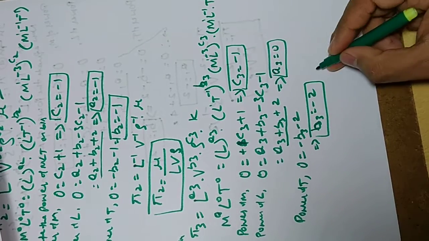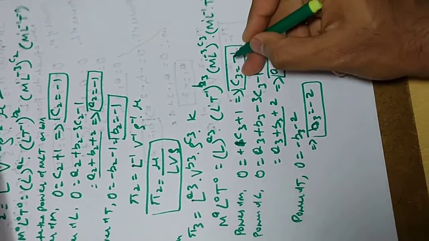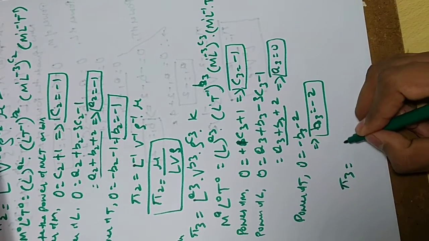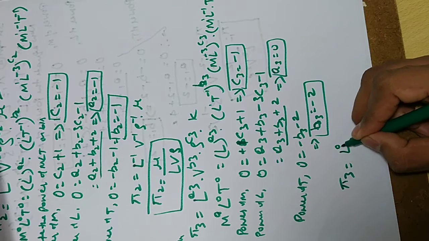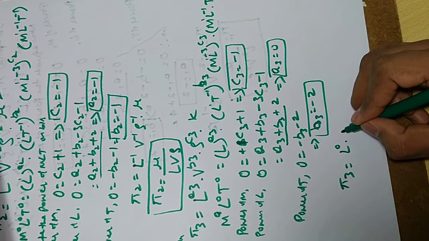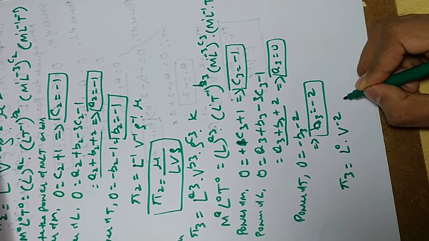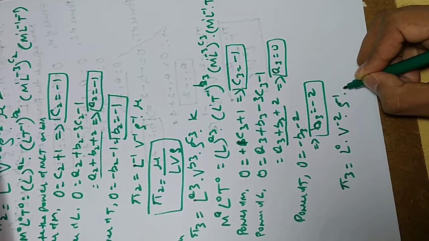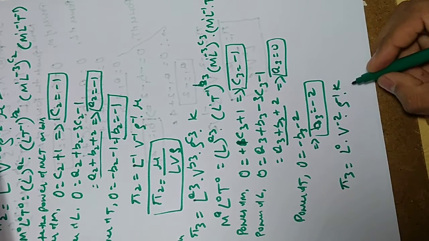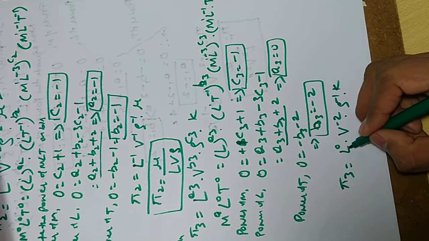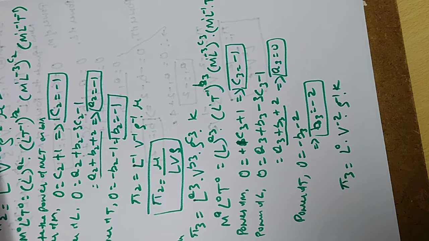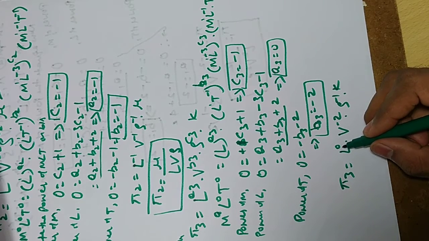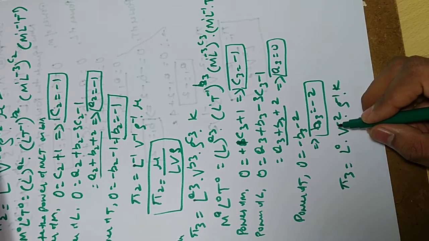Now substitute all the terms A3, B3, C3 into this equation. So the pi 3 becomes L to the power of A3 is 0, V to the power of B3 is minus 2, rho to the power of C3 is minus 1, into K. So this becomes 1.